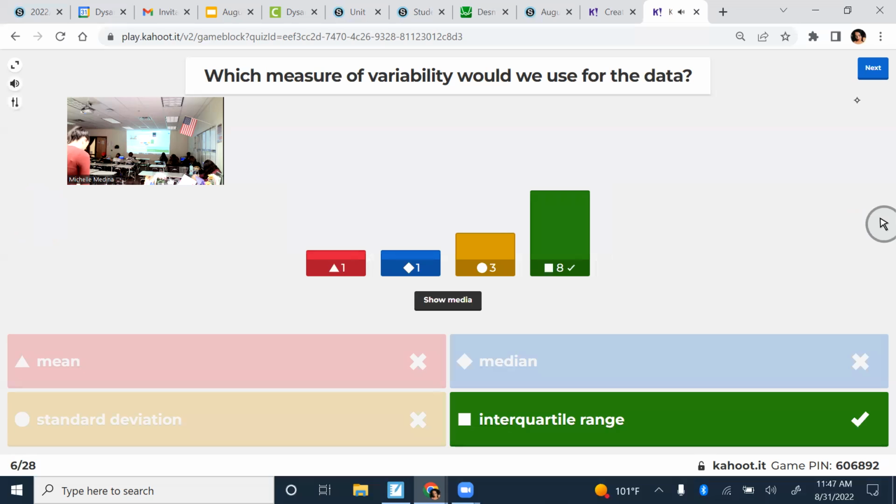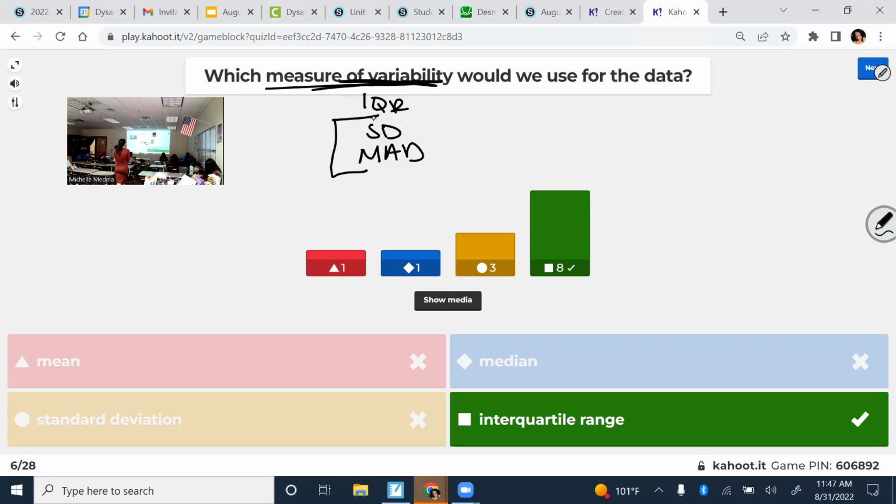All right, good. Only options for measures of variability are what? IQR is one of them for variability. What else? Standard deviation. And then there is one more. What is it? Good. Mean absolute deviation.